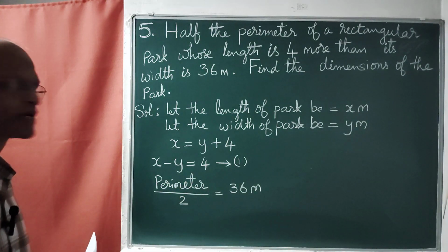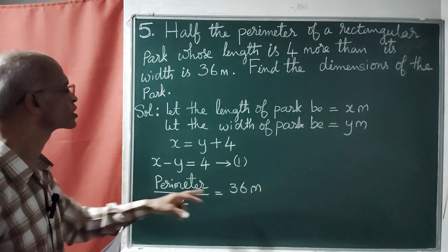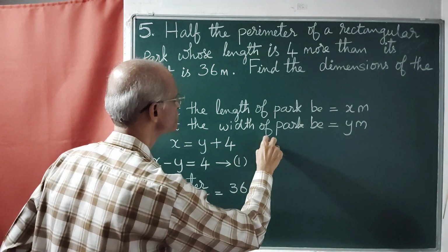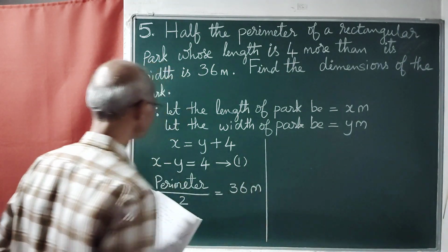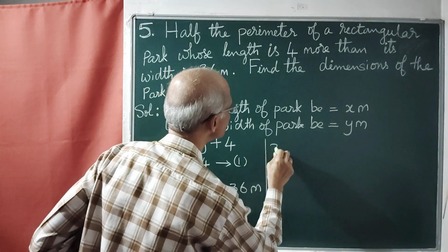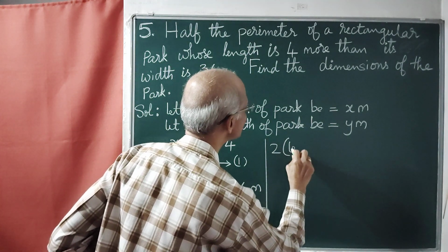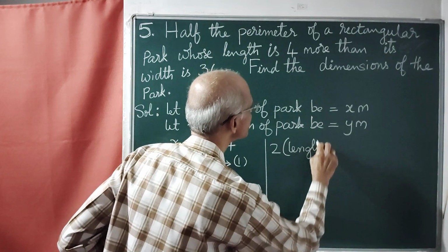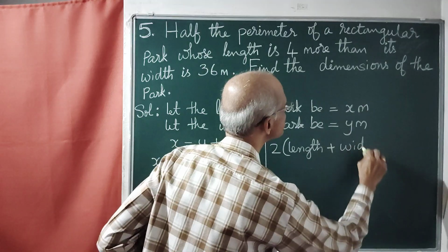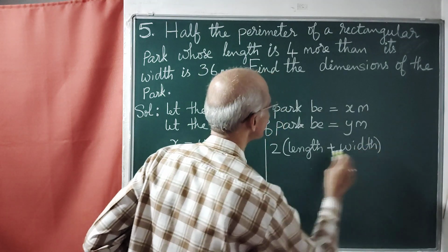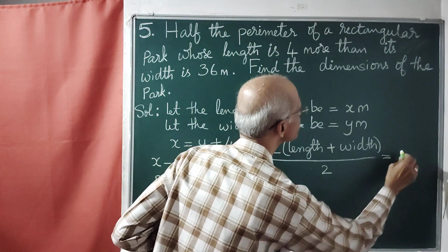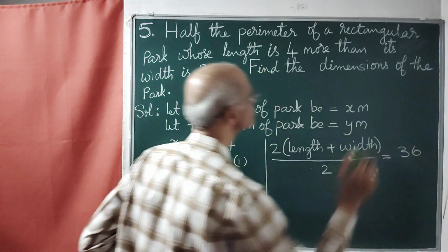Half the perimeter means perimeter divided by 2 is equal to 36 meters. The perimeter means what? 2 into length plus width, divided by 2, is equal to 36 meters.